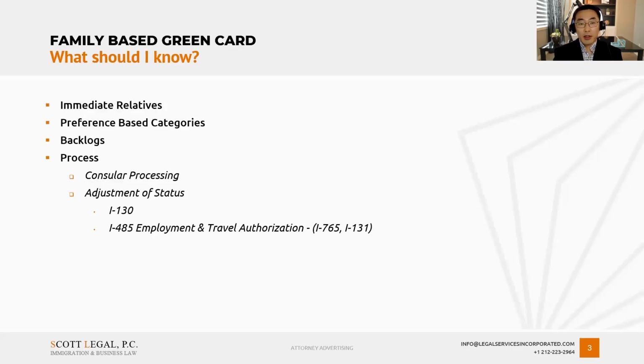And the second part decides whether the case will be processed through consular processing or adjustment of status inside the United States.